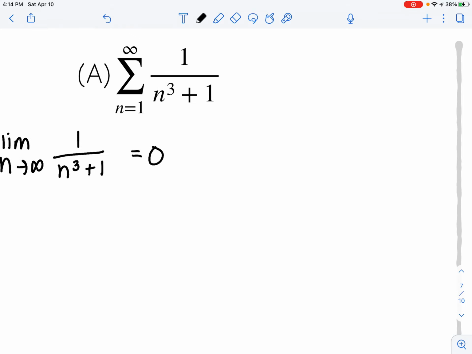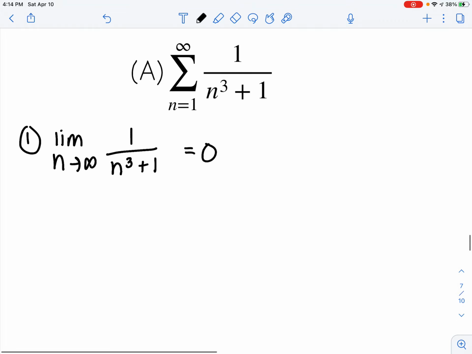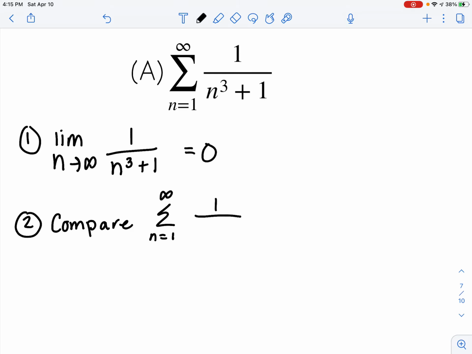So then you want to say, okay, I have 1 over n cubed plus 1. If we're using a comparison test, you want to pick a simple series that is very similar to that one. So 1 over n cubed plus 1 is very similar to the series from 1 to infinity of just 1 over n cubed, right? So you want to use those very similar series, right?